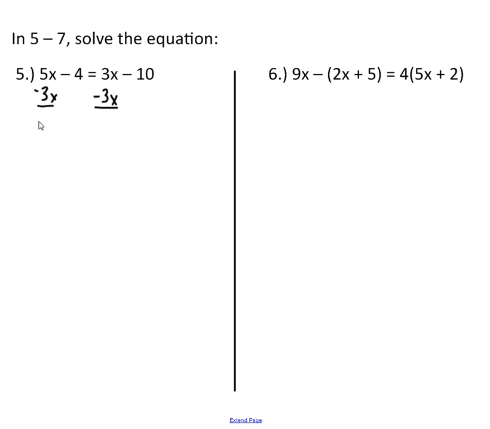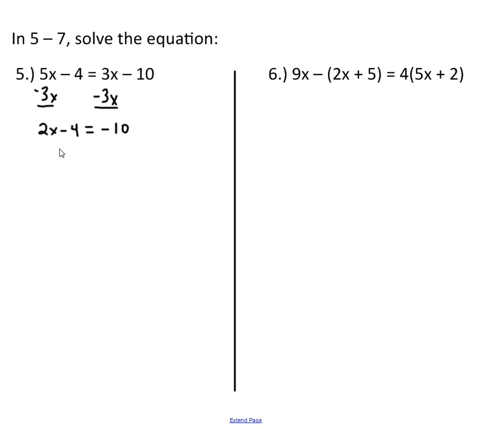This has the effect of taking 5x minus 3x, giving us 2x minus 4 on the left-hand side. And of course, when we take positive 3x and negative 3x, that gives us 0, so that eliminates the variable term on the right, leaving us with negative 10.